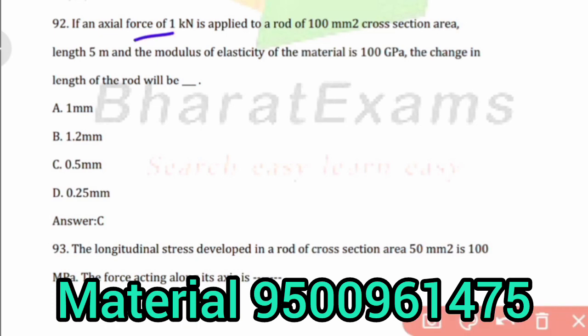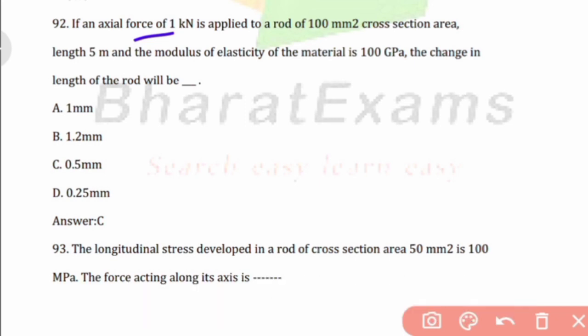If an axial force of 1 kN is applied to a rod of 100 mm² cross section area, length 5 m, and the modulus of elasticity of the material is 100 GPa, the change in length of the rod will be 0.5 mm.